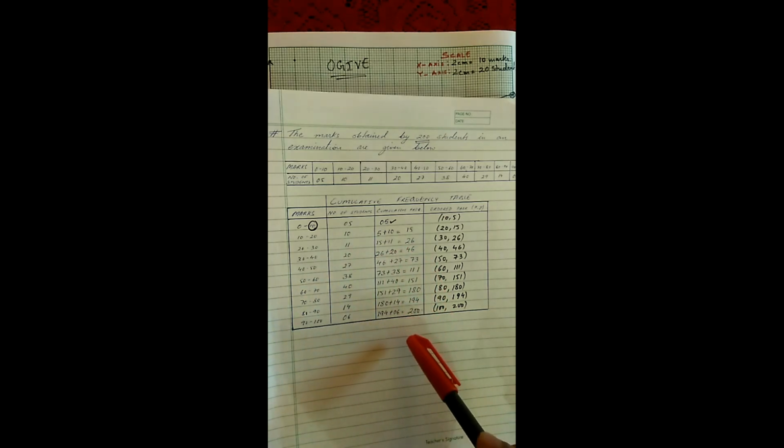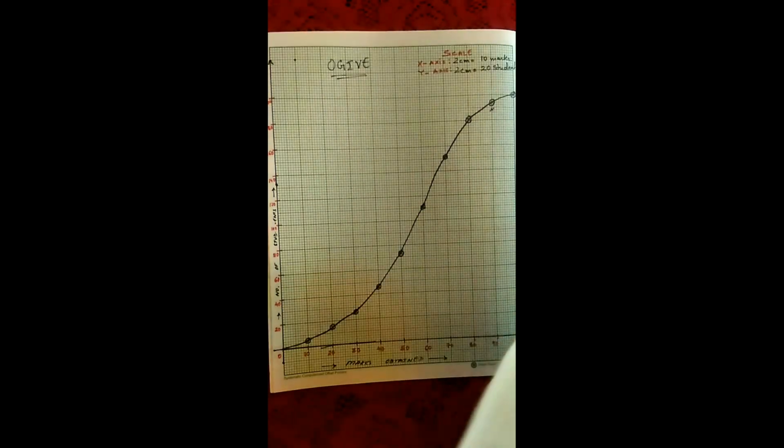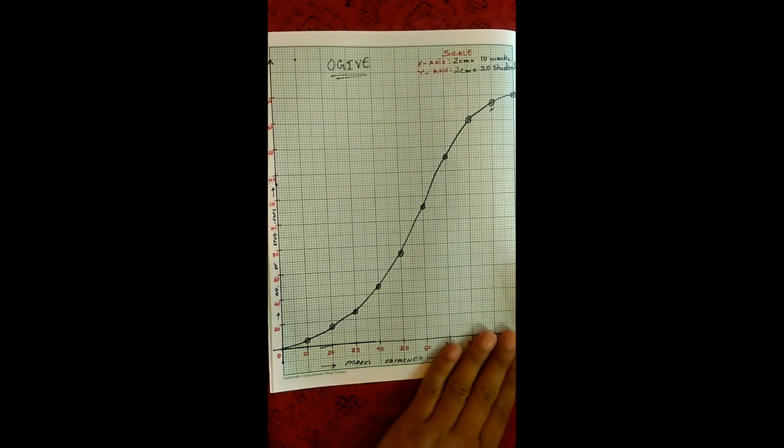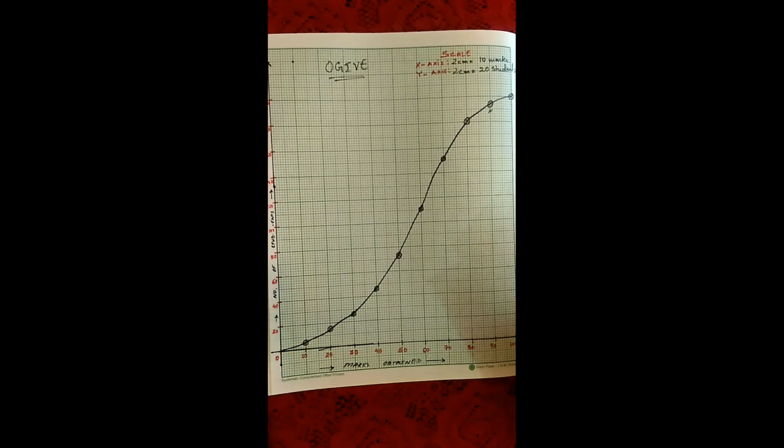So I have this cumulative frequency table ready along with the ordered pair, and I've also plotted the corresponding ogive or the cumulative frequency graph. Now we need to estimate the median, lower quartile and upper quartile.